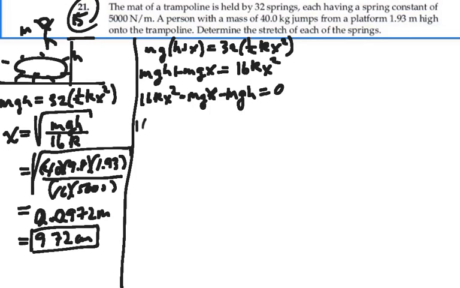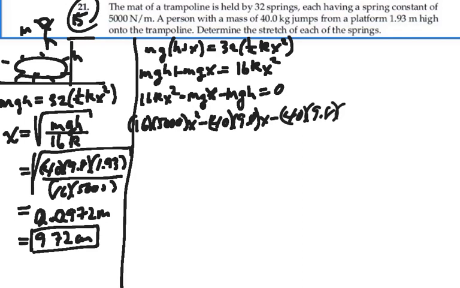Alright, so that's 16 times 5,000 x squared minus 40 times 9.8 x minus 40 times 9.8 times 1.93 equals 0.